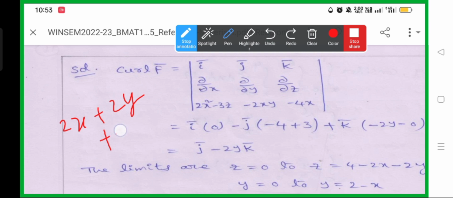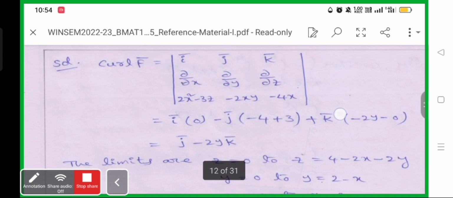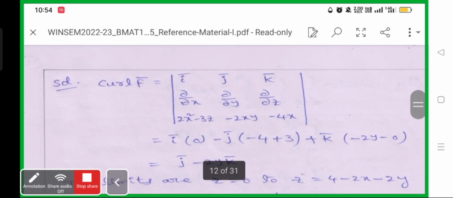Plus z is equal to 4. It is the equation. Okay. Now here, in the curl of the f vector, we have components f1, f2, f3 and partial derivatives.